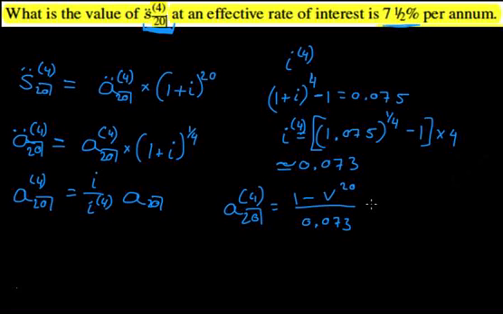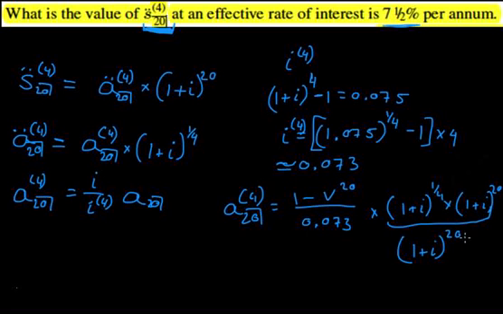Then I'm going to multiply that by 1 plus I to the quarter, and then multiply that by 1 plus I to the 20. But this can actually be 1 plus I to the 20.25, because you can just add those indexes together in this situation when they've got the same base.